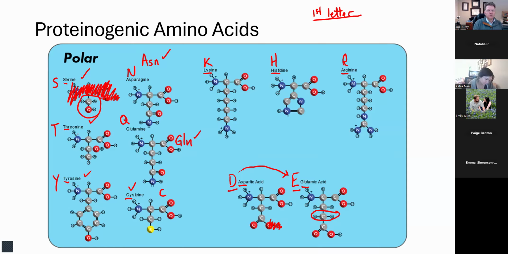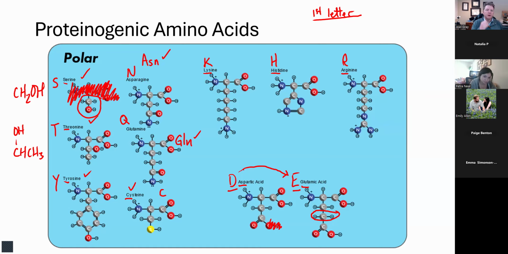So serine, you might see it listed as CH2OH. The presence of that hydroxyl group is what makes this amino acid polar. Threonine is CHOHCH3. We've got serine and threonine that both have an OH group on them.